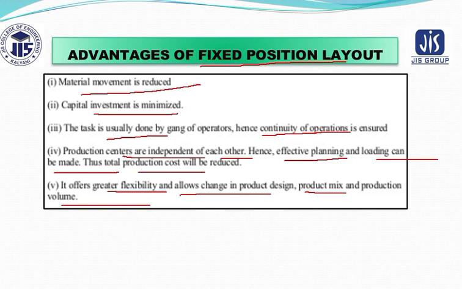Production centers are independent of each other, hence effective planning and loading can be made. Thus total production cost will also be reduced. It offers great flexibility and allows changes in product design, product mix and production volume. So these are all of the advantages of using fixed position layout.